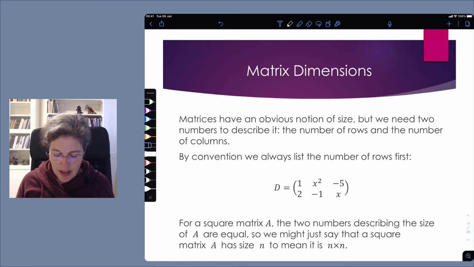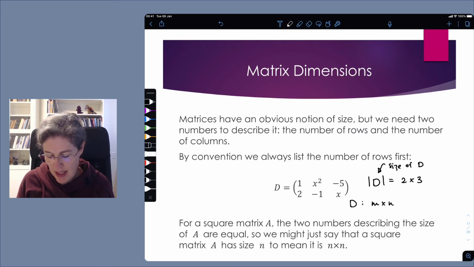So for example, this matrix here, matrix D, the size of D, which I can indicate using absolute values, is going to be 2 rows by 3 columns. And usually we'll say a matrix is m by n, where m is the number of rows and n is the number of columns.